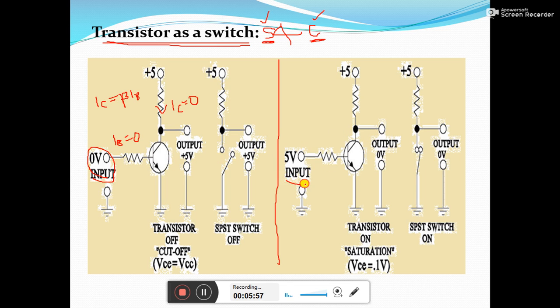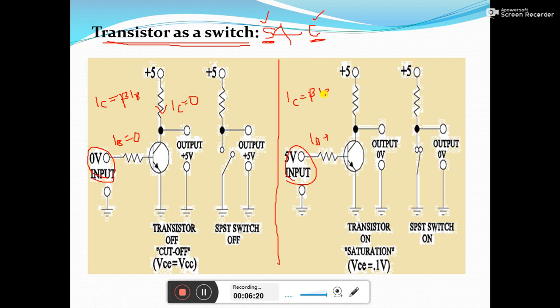Regarding the closed switch, you can see here I have applied a 5 volt input. Since I have applied input here, you get a positive value of IB. Again from the current amplification factor definition, IC equals beta times IB.